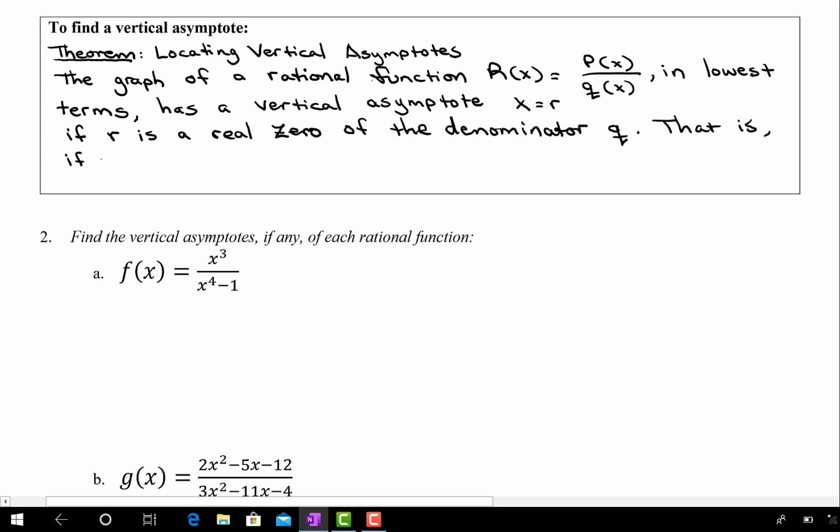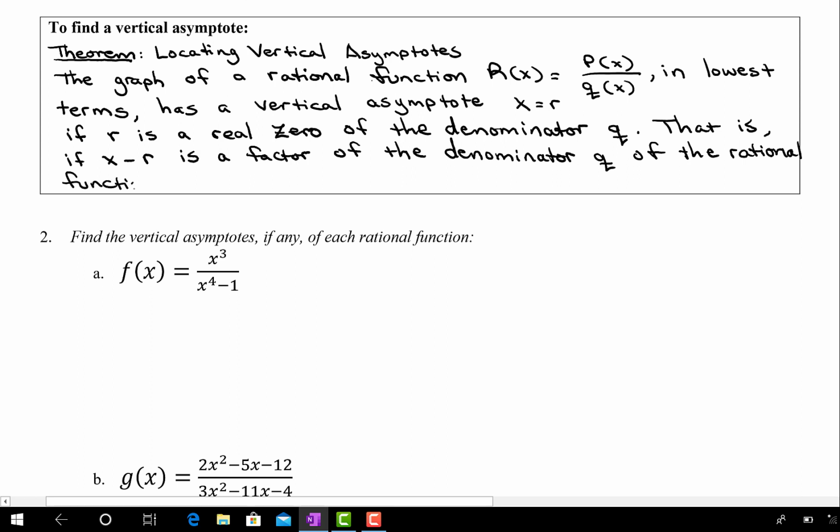That is, if x minus r is a factor of the denominator q of the rational function r of x, or r, in lowest terms.